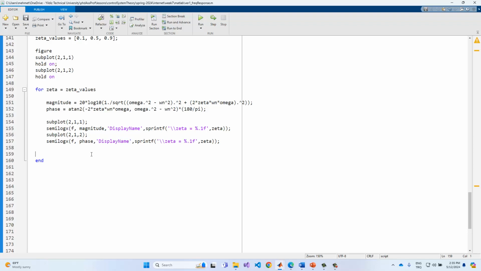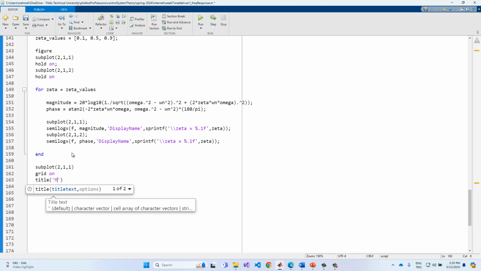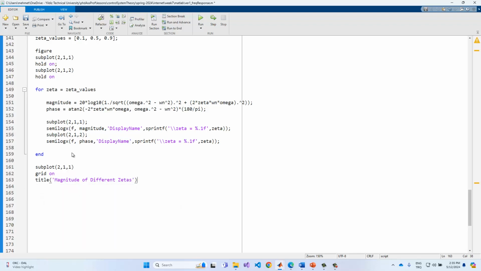Okay, so at the final step we need to update the subplot 211 with the grid on, and the title: magnitude of different zeta. Okay, and the x label should be assigned with the frequency, but in terms of hertz.